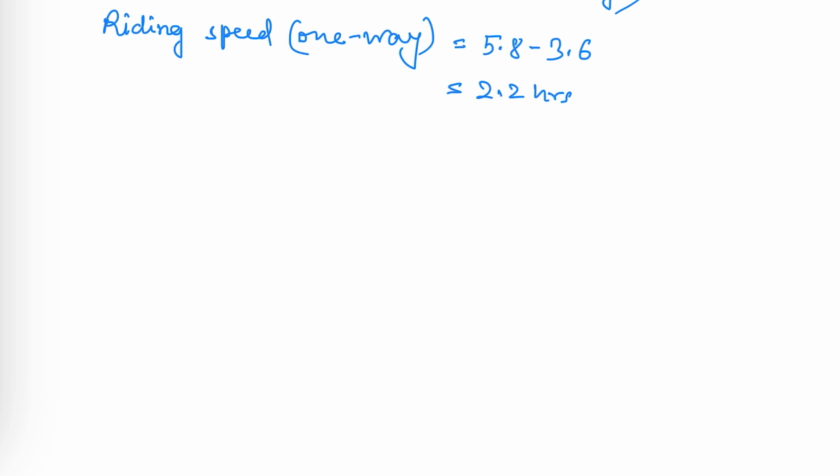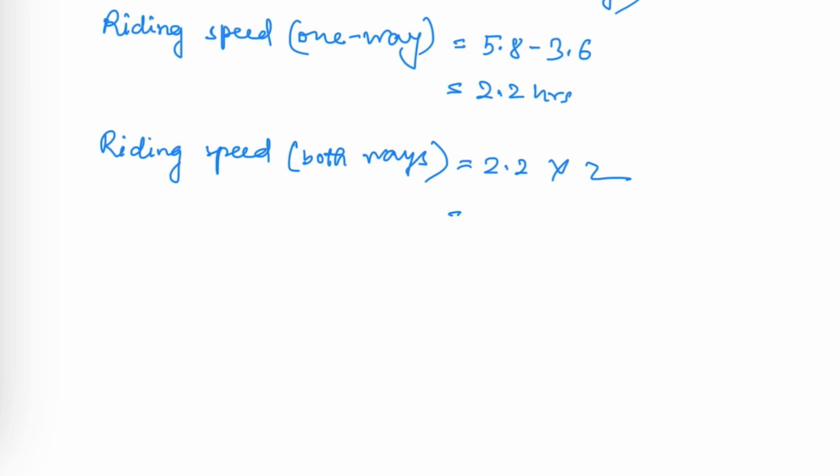So from there we can say that riding both ways will be 2.2 into 2 equal to 4.4 hours. Now we will convert this into minutes. Now 4 by 10 into 60, so it will be 4 hours 24 minutes.